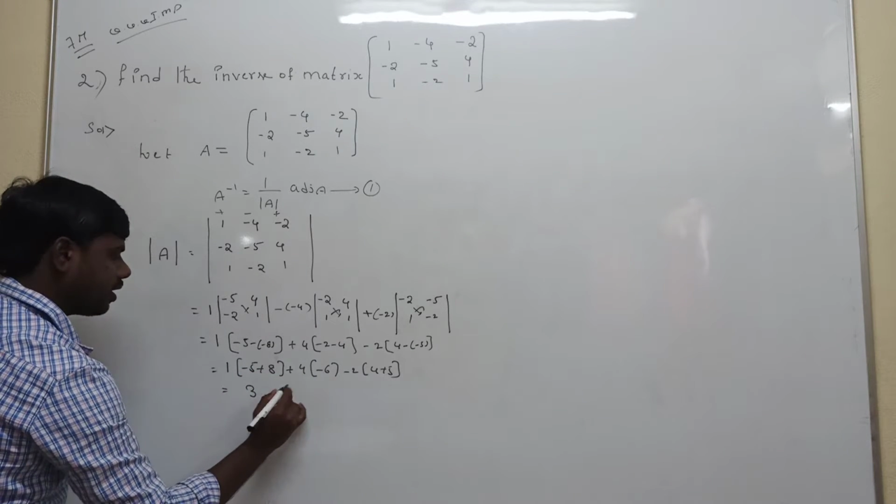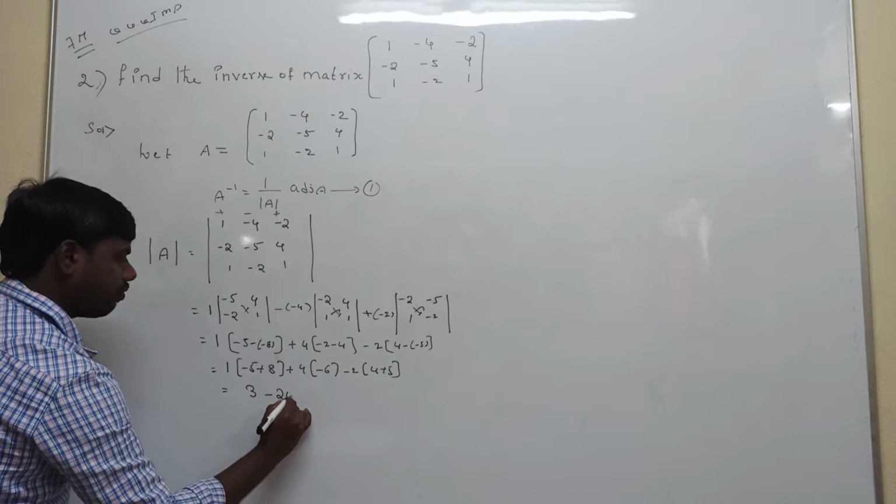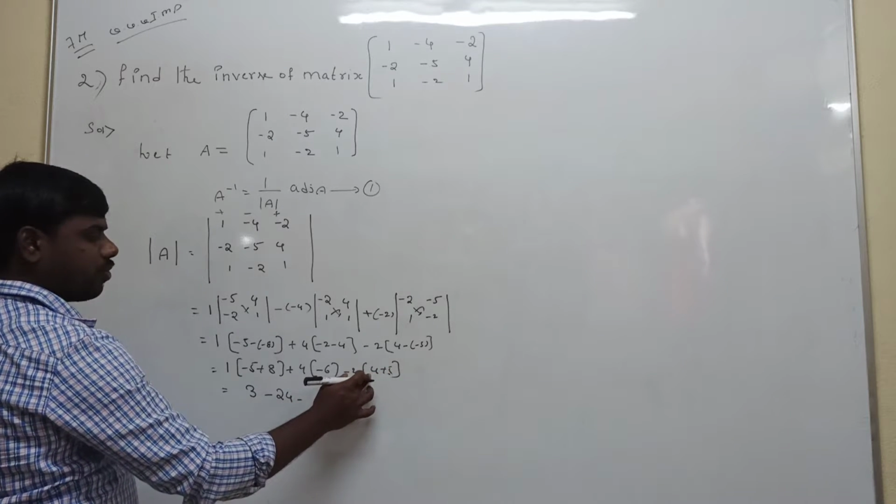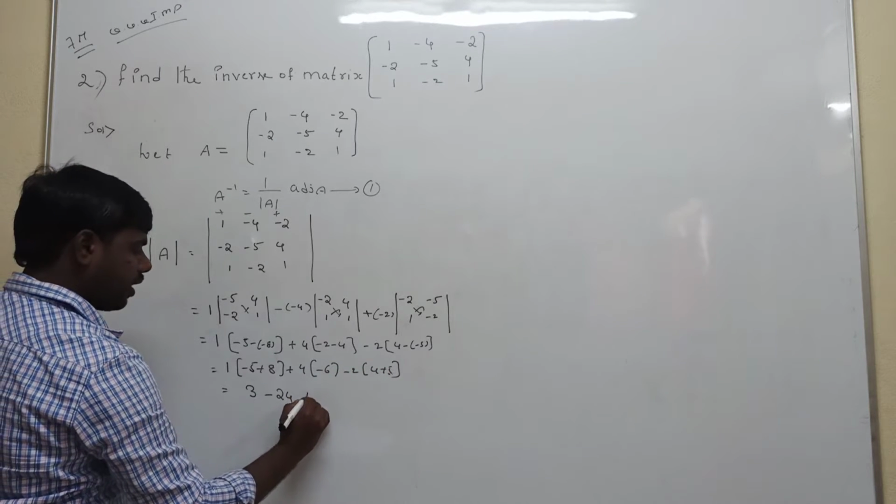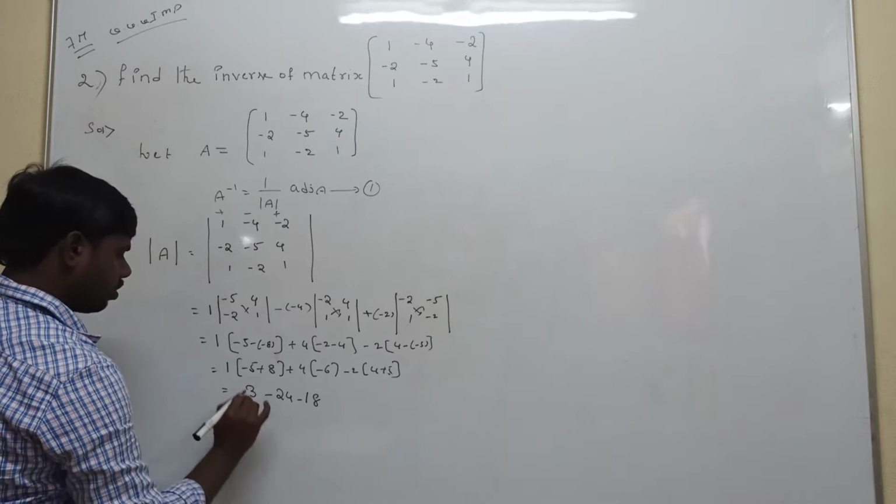Apply cross multiplication again: minus 2 into 1 is minus 2, minus 1 into 4 is minus 4, so minus 6. Then minus 2 into minus 2 is plus 4, minus 1 into minus 5 is plus 5, so 4 plus 5 is 9. 9 into 2 is 18.